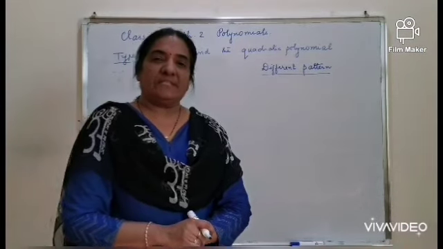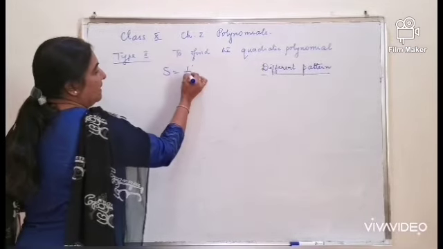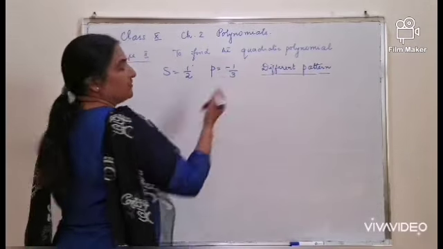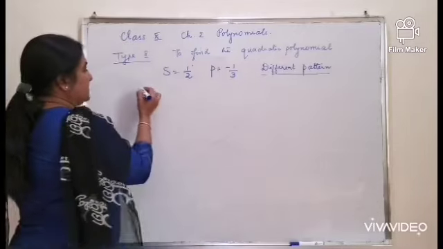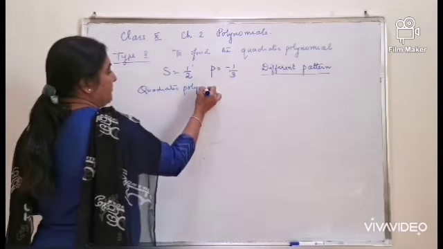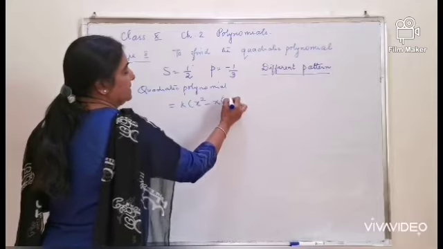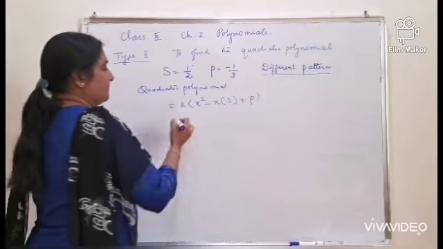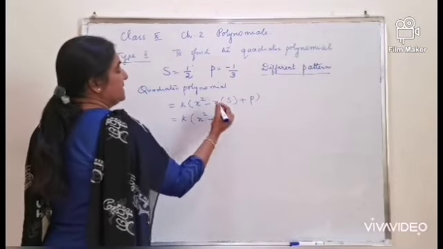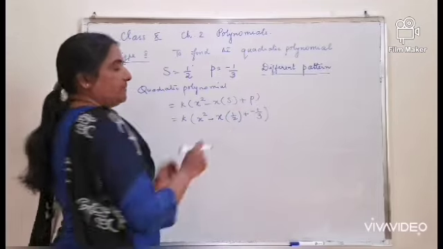A third example of this type: let the sum of zeros be half and the product of zeros be -1 by 3. The first application is quadratic polynomial is equal to k into x square minus x into sum plus product, which is the same as k into x square minus x into 1 by 2 plus -1 by 3.